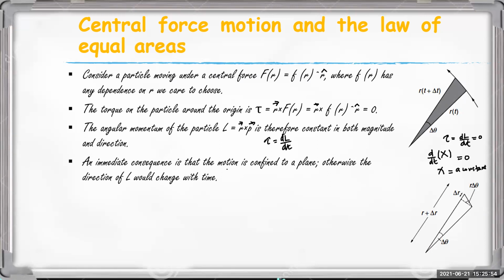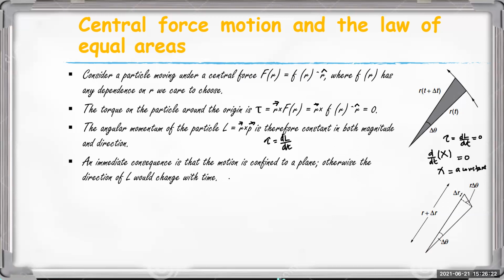An immediate consequence is that the motion is confined to a plane. As the angular momentum is constant in both magnitude and direction, the motion of a planet is confined to a plane.